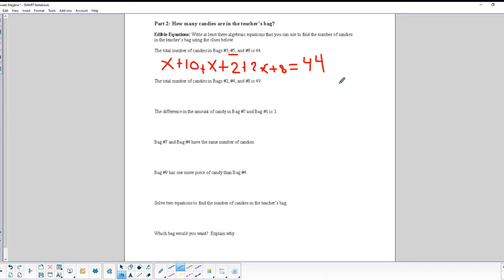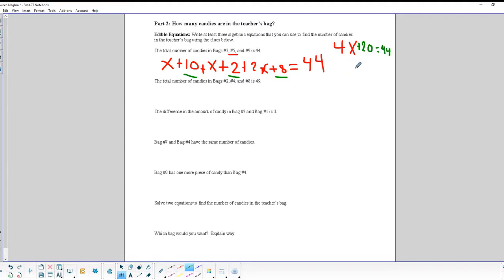So let's do that. We got 1, 2, 3, 4 x's if we count all the x's up. So this would simplify to be 4x. And then if we underline all the constants, 10, 2, and 8 would add up to be 20. And all of that equals 44.